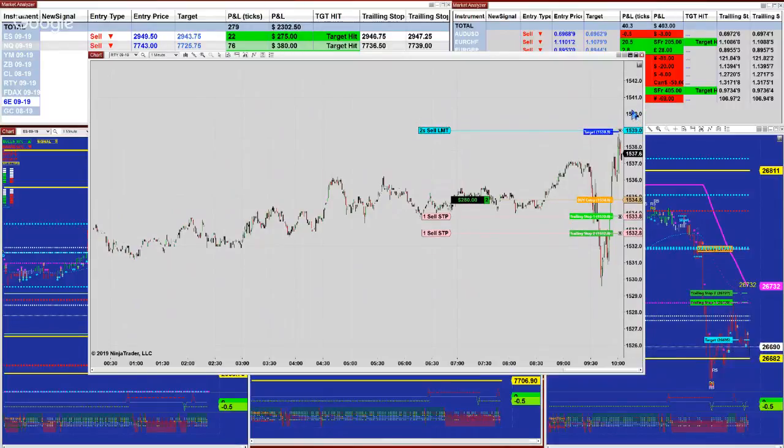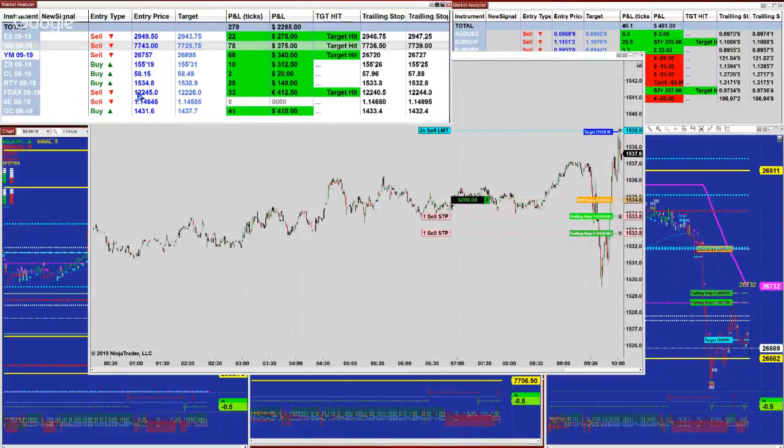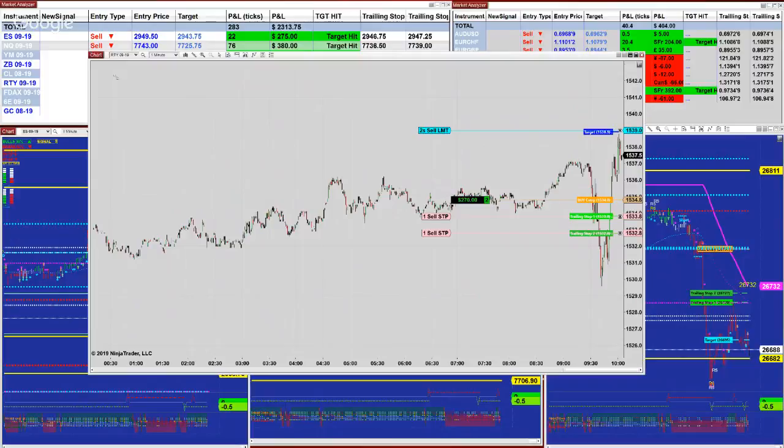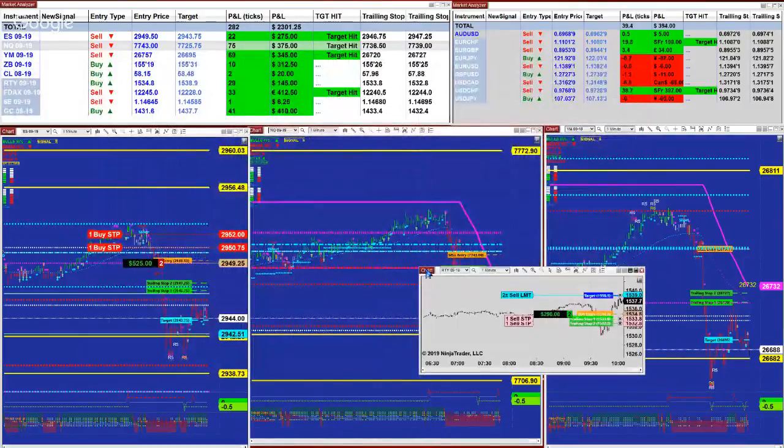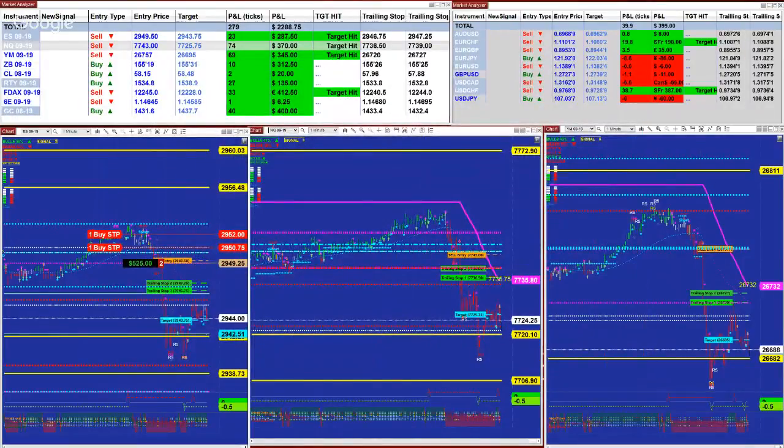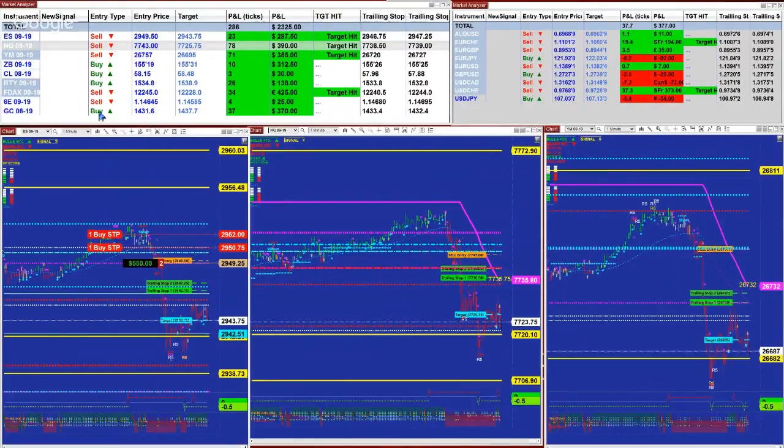All of them are based on the same signal. Right now, if we want to monitor the market analyzer, this is based on 1 minute and one contract only.